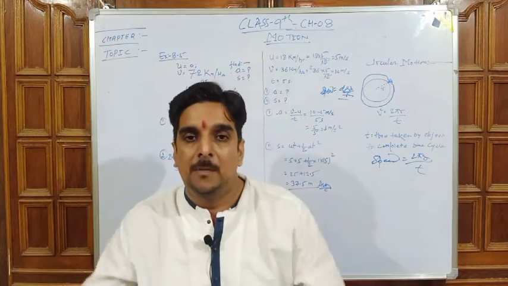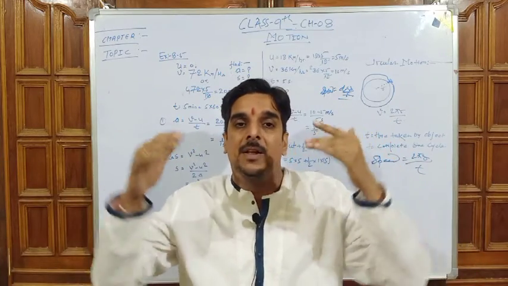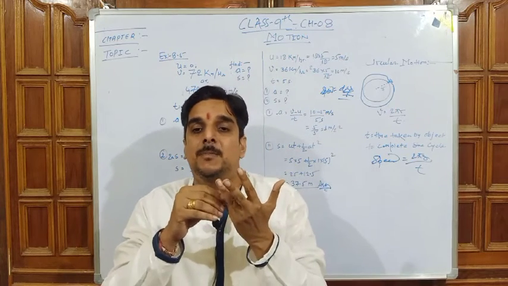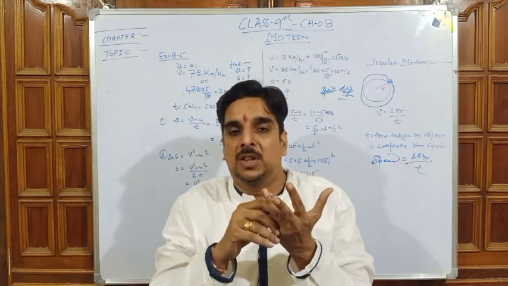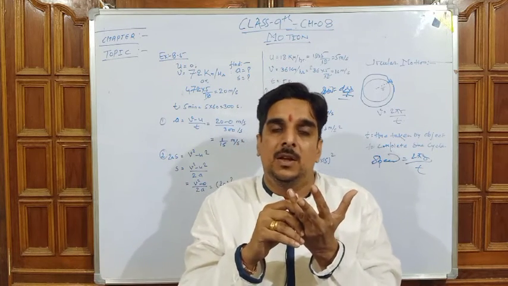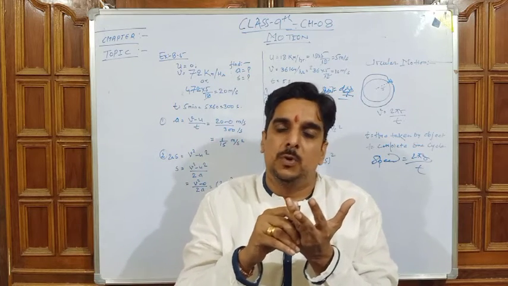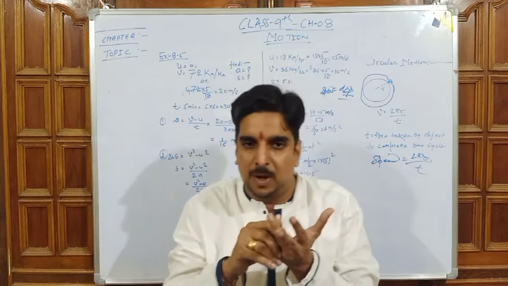Motion. Again, now I am here to revise the complete thing with you. In this chapter we discussed motion and the laws of motion. First law, V is equal to U plus AT. Second law, S is equal to UT plus half AT square. Third law, 2AS is equal to V square minus U square.